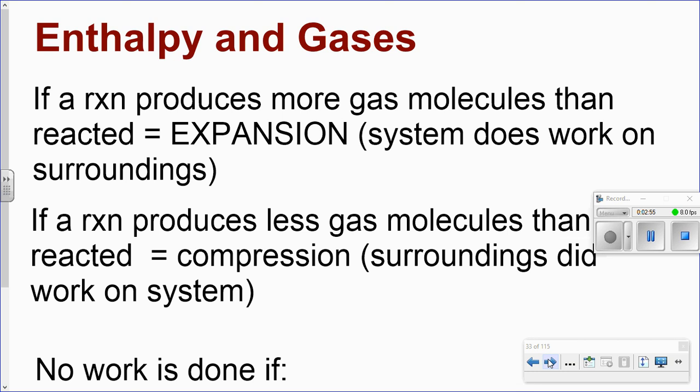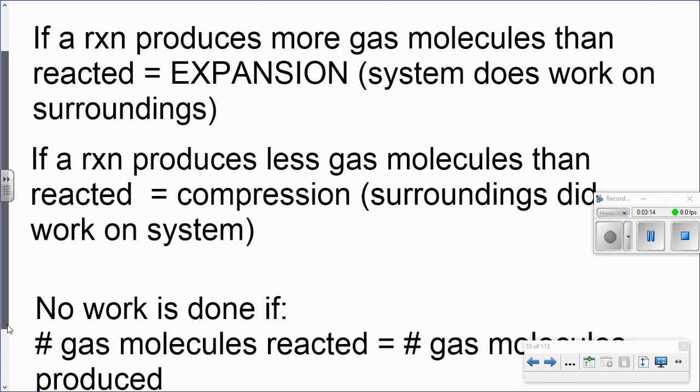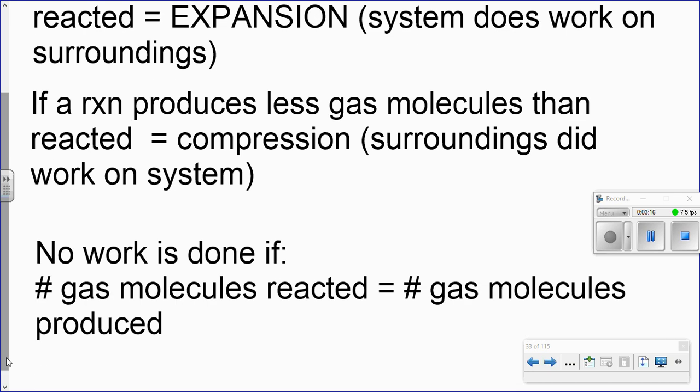So that's going to be an exothermic or exo type of work, a negative work. If the reaction produces less molecules than the reacted, then the system is going to be compressed. In other words, work is going into the system now from the surroundings, and that's going to be like an endothermic or endo type of work. Okay, no work is done if the gas particles, the gas moles, are equal from beginning to end.